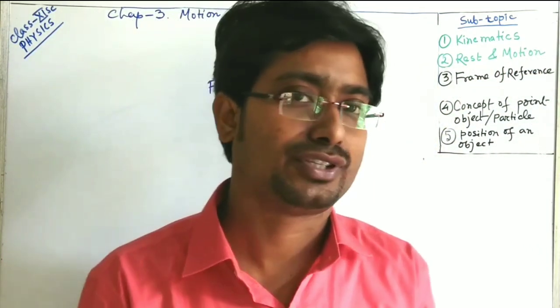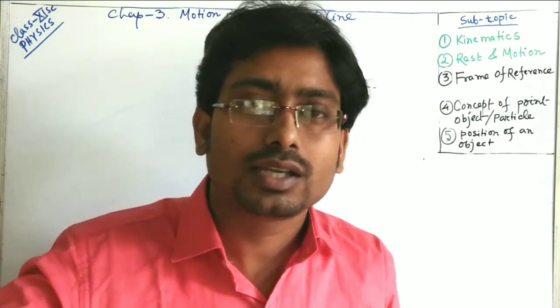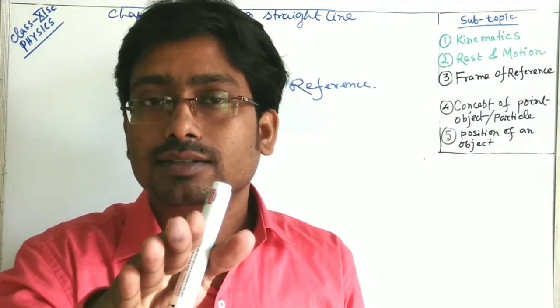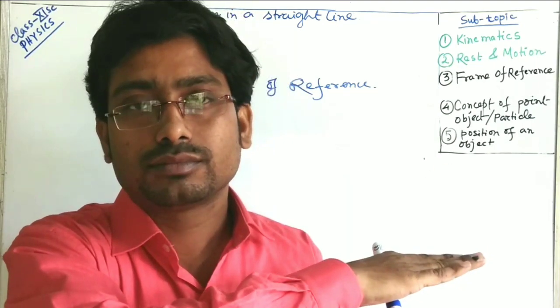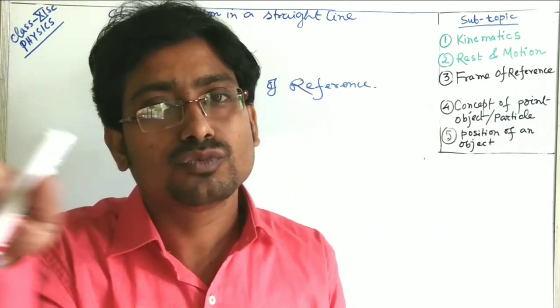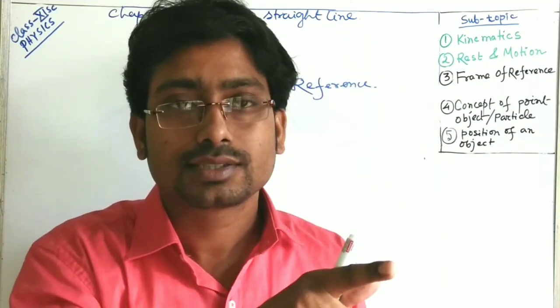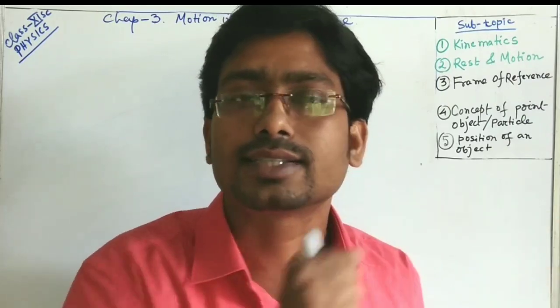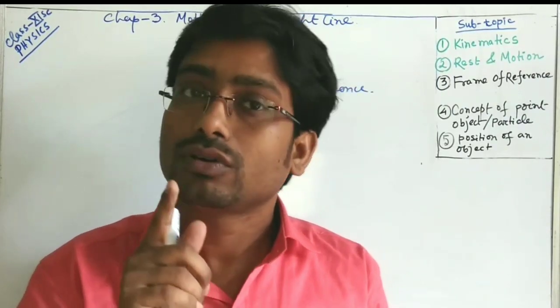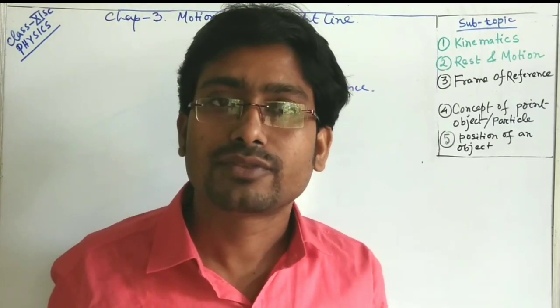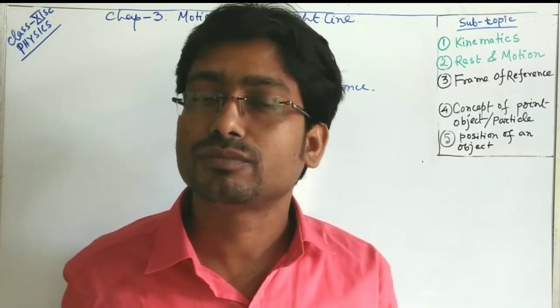But what will actually happen if this train is moving on a railway track and the passengers who are sitting on the platform observe that the train is moving, we are moving, and that person, whom we are considering, is moving in a particular direction? What will be the consideration of the person sitting on the platform?